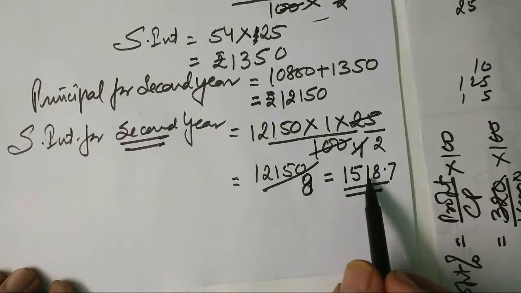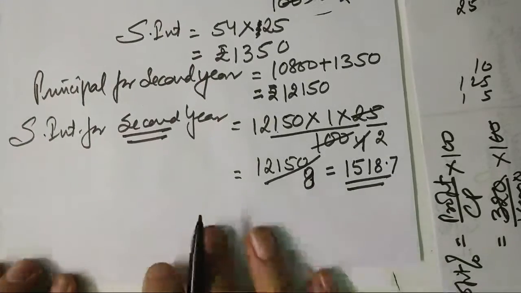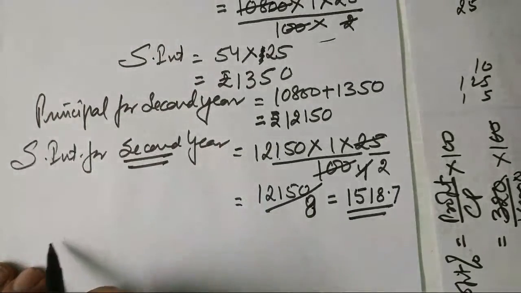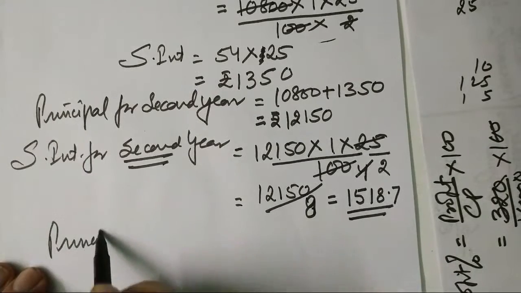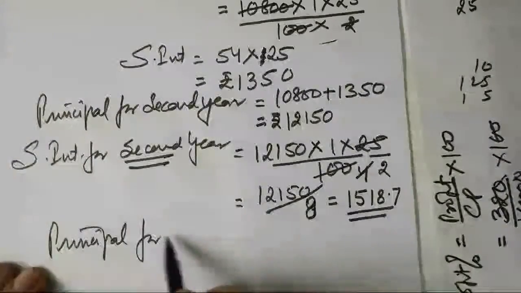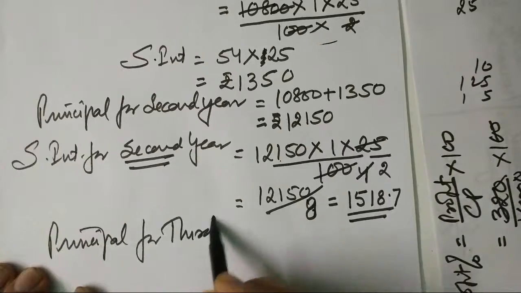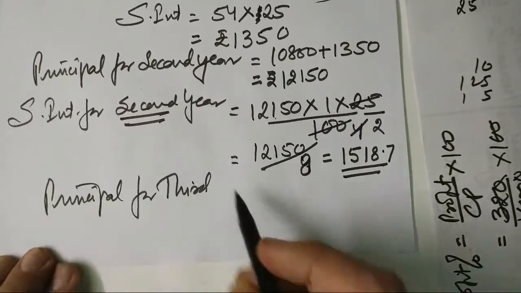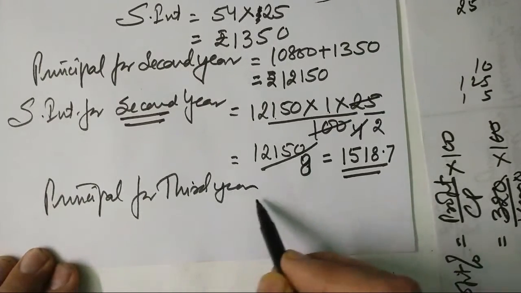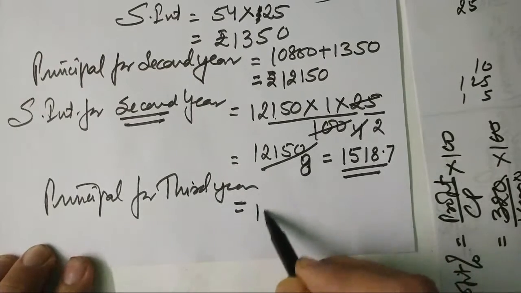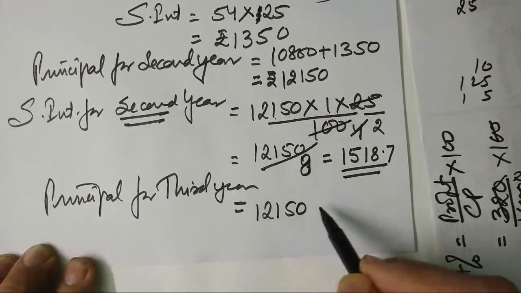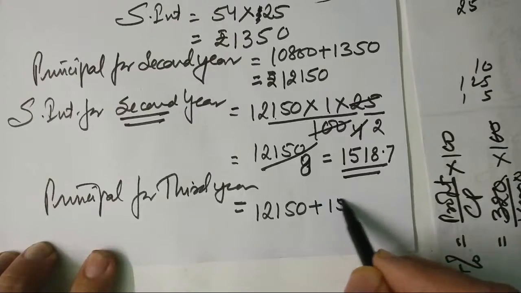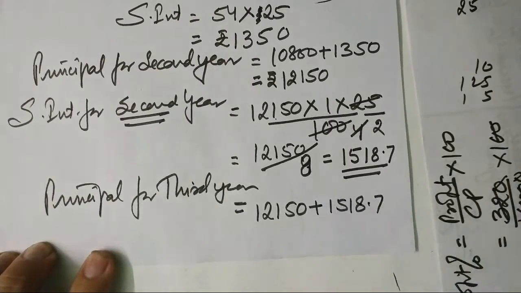Then this interest we will add, like we have calculated principal. So we will calculate the principal for third year. So what is the principal for third year? It will become 12150 plus 1518.7.